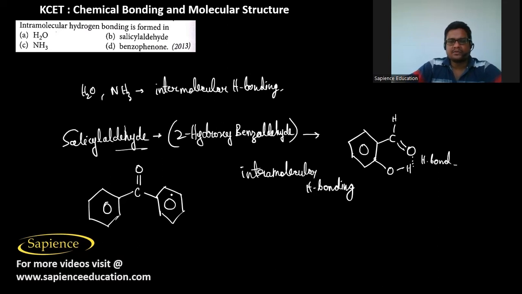So here we have no hydrogens, so hydrogen bonding is not there. But these hydrogens will not form that strong hydrogen bonding here. So the hydrogen should be linked with the oxygen atom, then only there will be hydrogen bonding here.